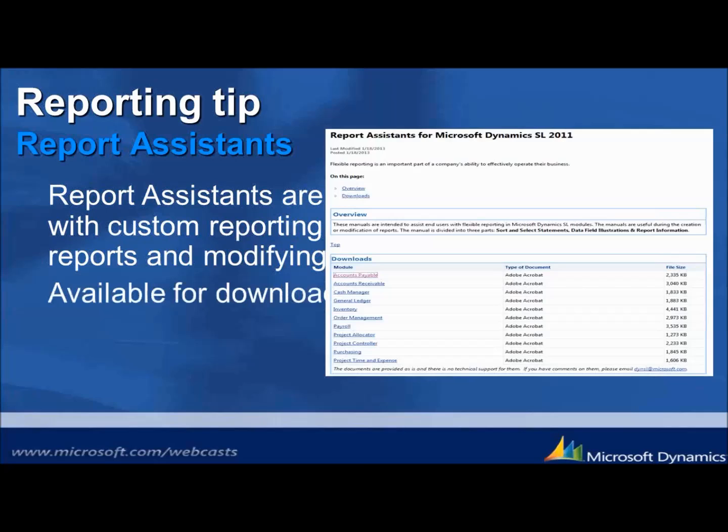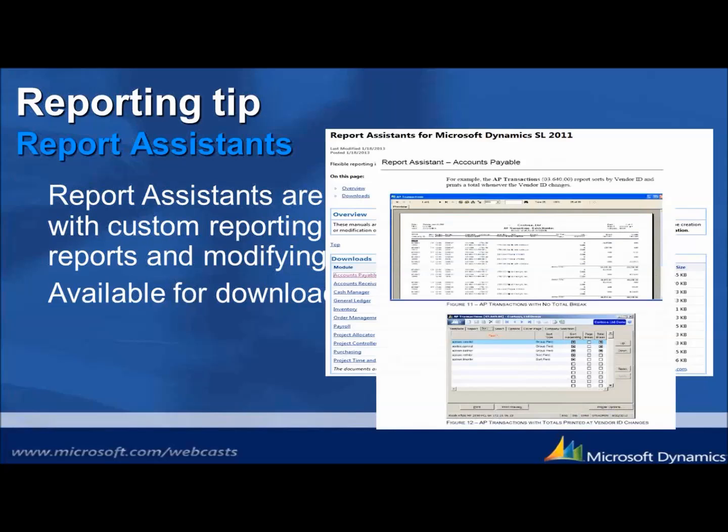And here's an example of what you'd see out there. And you can see they're grouped by module. And they just basically walk you through where the data in the report's coming from and what options create what results. So a lot of time was spent working on these, and they're very helpful, very thorough. I would suggest you go out there and download them if you have any specific reporting needs that you're trying to address.